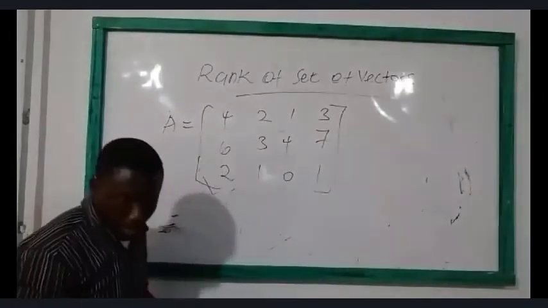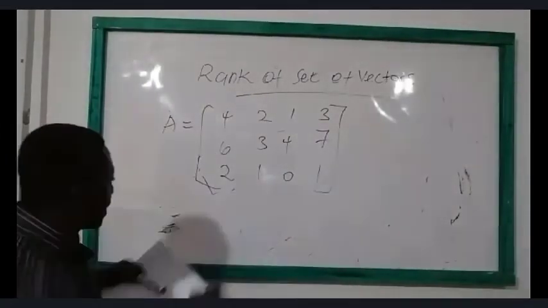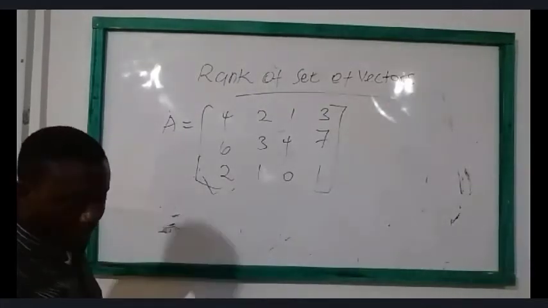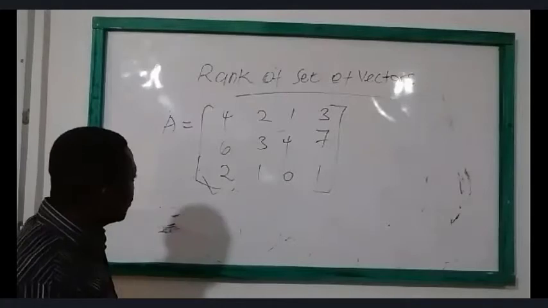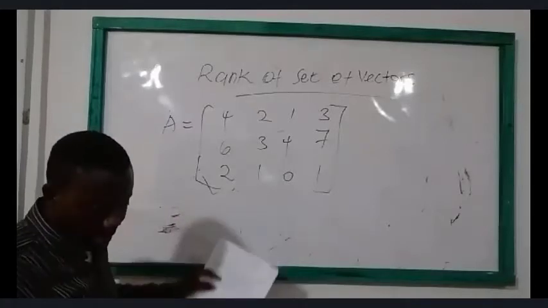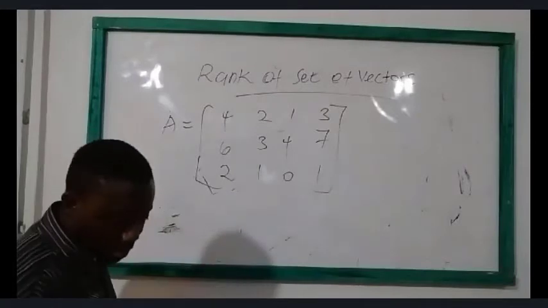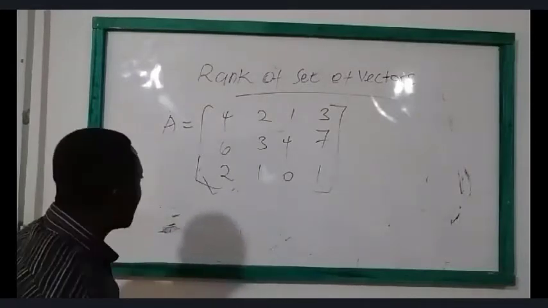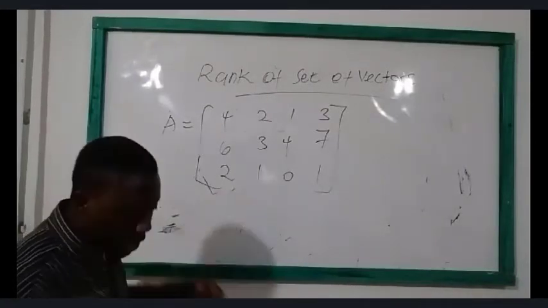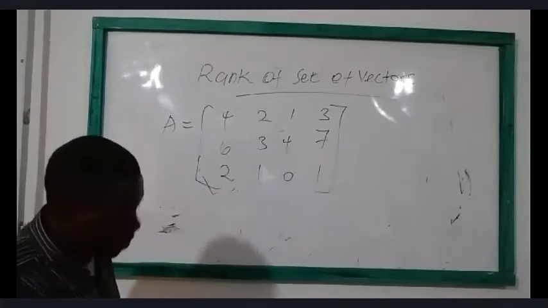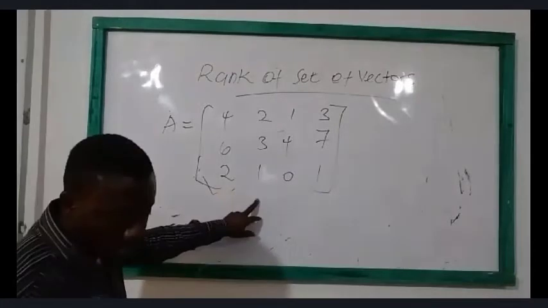We are to find the rank of this set of vectors. So this is a matrix. What it means is that the vectors have already been in the form of a matrix. So you can either find the rank of a set of vectors or the rank of a matrix. Now this is in the form of a matrix.